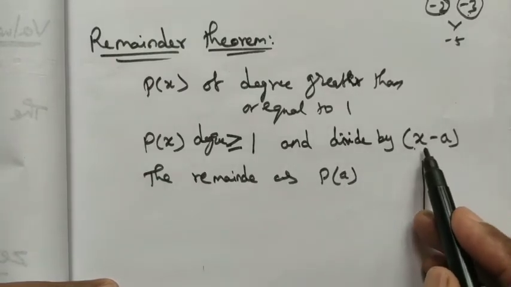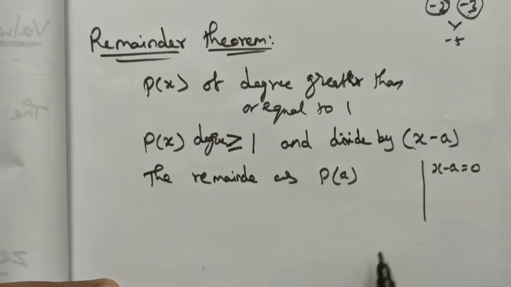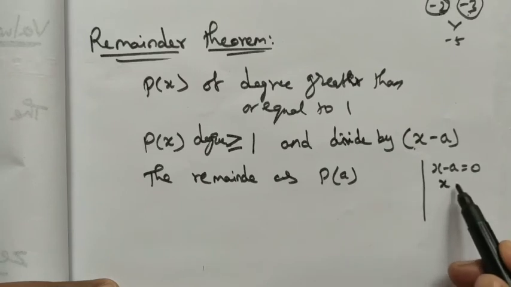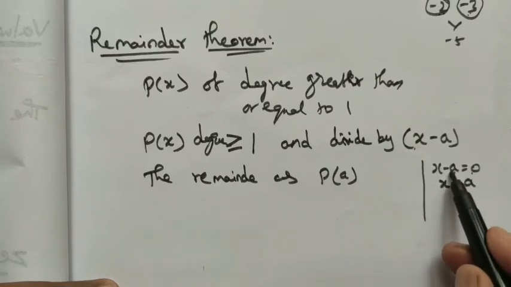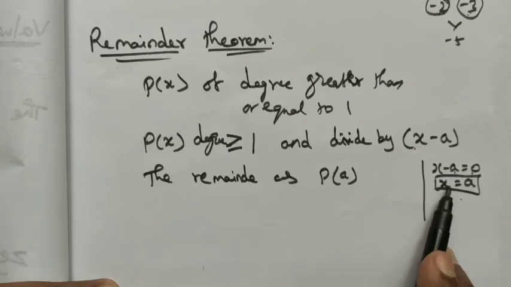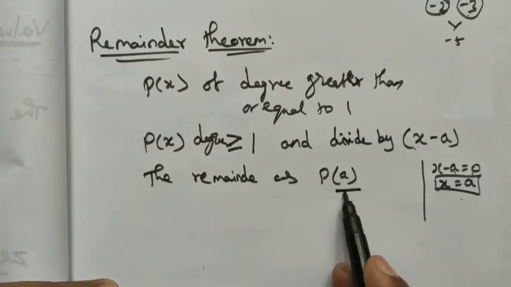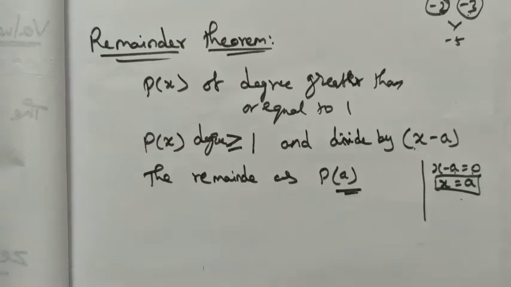How do you find this? This is the root of this polynomial, that is x minus a is equal to 0. We put x minus a is equal to 0. Then if I take minus a to the other side, we get x is equal to a. Now we have to put x is equal to a there. This is called the remainder of this polynomial, that is the remainder theorem.